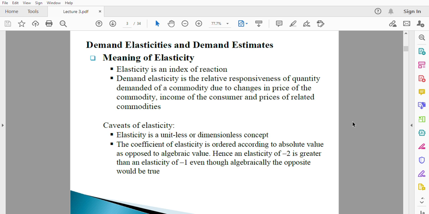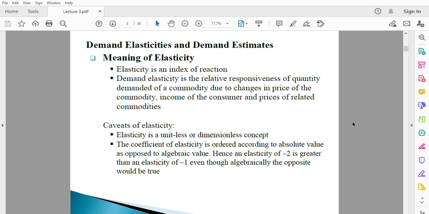And the second is that the coefficient of elasticity is ordered according to absolute value as opposed to algebraic value. So when you calculate elasticity and you get a negative value, we just consider the absolute value. So if you get negative 2, we consider it to be 2.